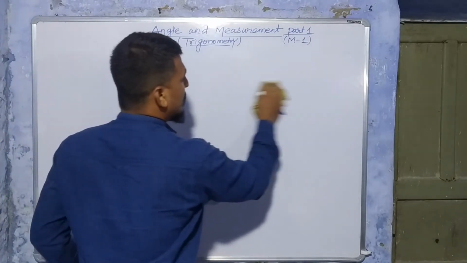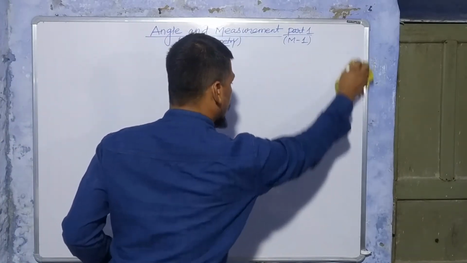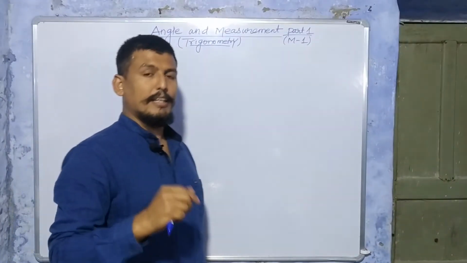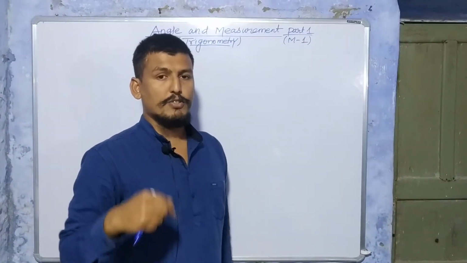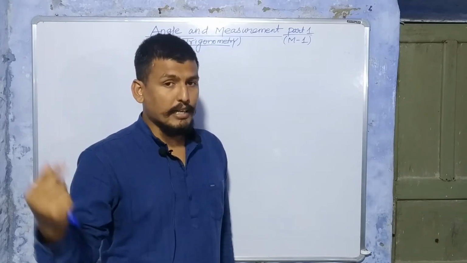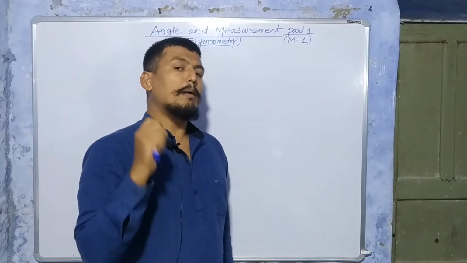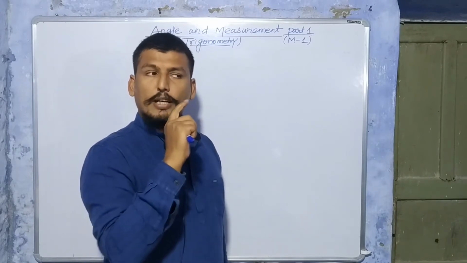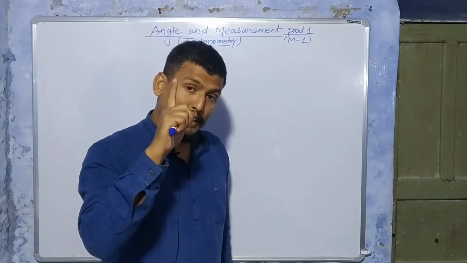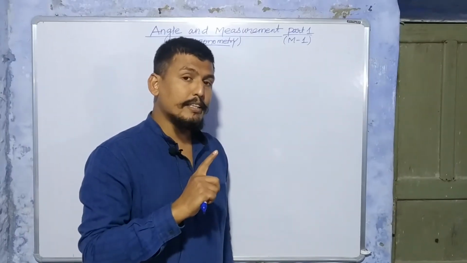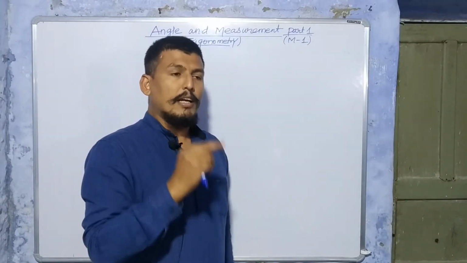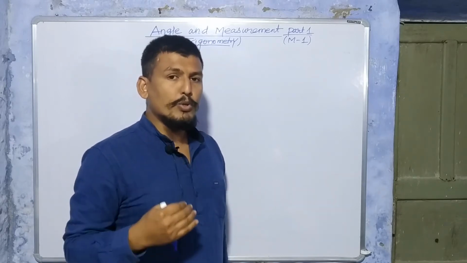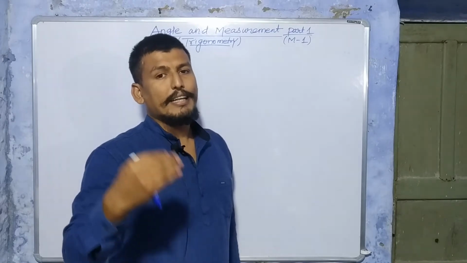In physics we discussed 7 base quantities and 2 supplementary quantities. The 7 base quantities were mass, length, time, temperature, amount of substance, luminous intensity and electric current. The 2 supplementary quantities were plane angle and solid angle. The SI unit of plane angle was radian, and for solid angle it is steradian. Till 10th we have used degree; from 11th and 12th we'll introduce the radian system.